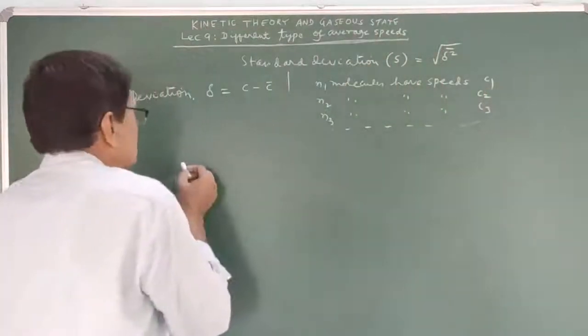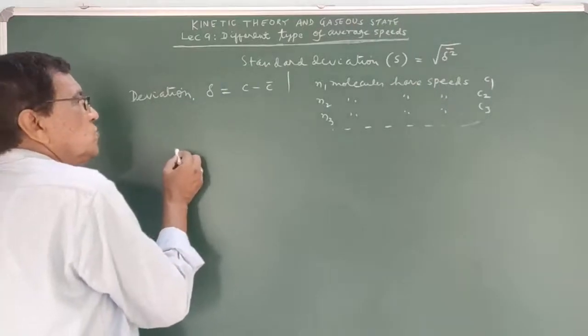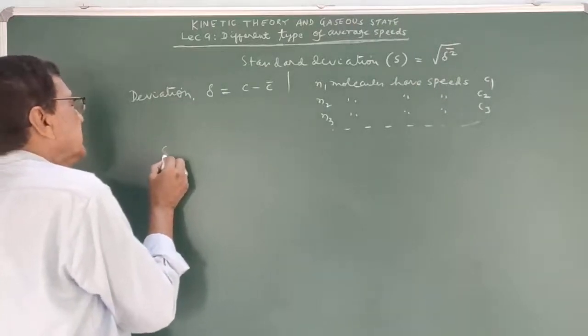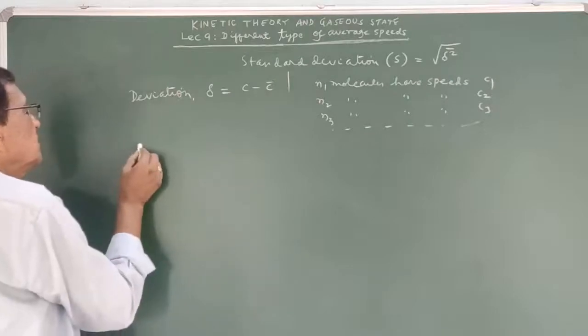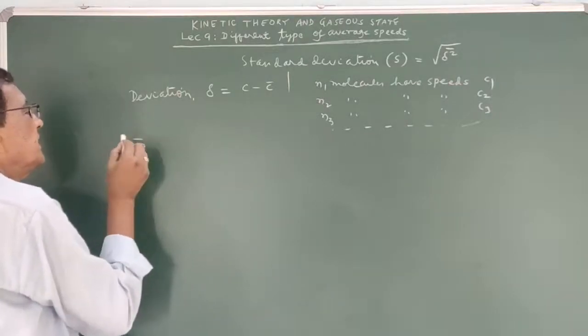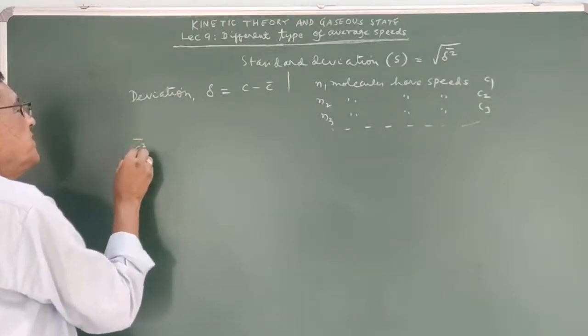So this is del square bar, the mean square deviation.